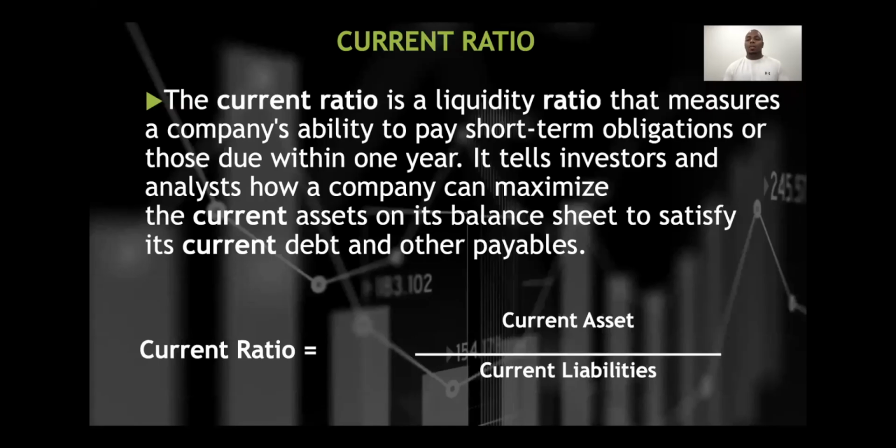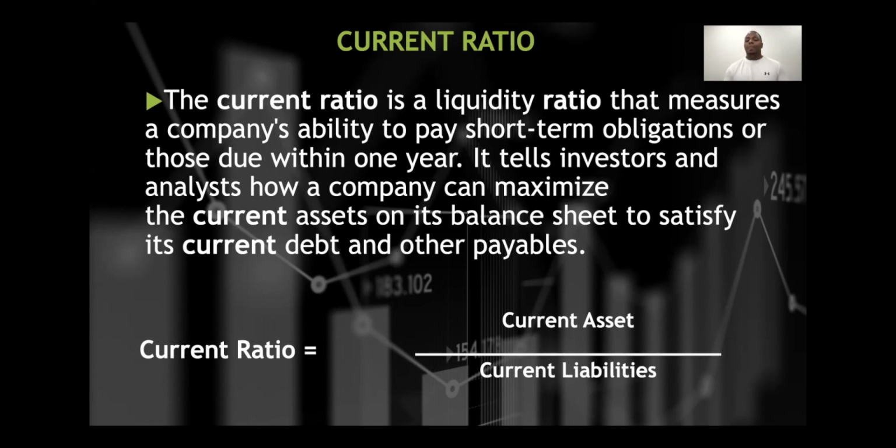And so the first ratio we use is the current ratio. The current ratio is a liquidity ratio that measures a company's ability to pay short-term obligations, or those due within 1 year, right? So a current ratio is the measure of a company being able to pay its bills within a 1 year period.